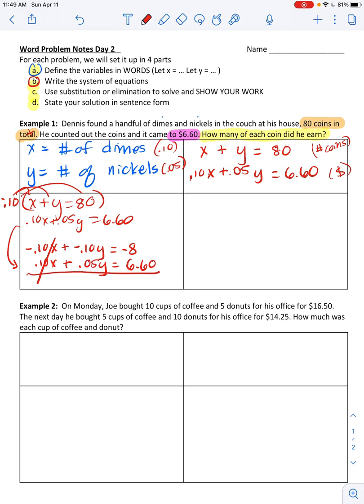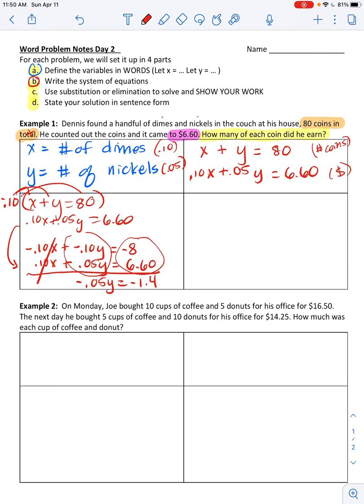A negative and a positive 0.10x will cancel one another out. So then in this column, I'm going to take negative 0.10 and a positive 0.05, and I'll get negative 0.05y. And here, if I take my negative 8 and my positive 6.60, I get negative 1.4.